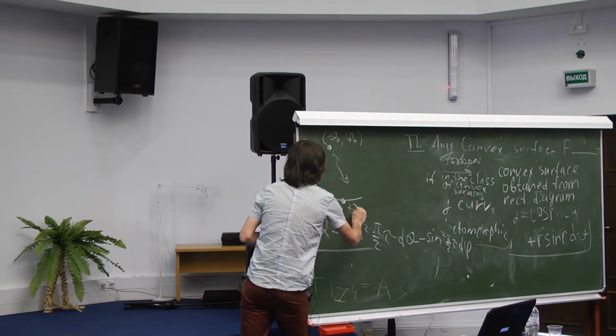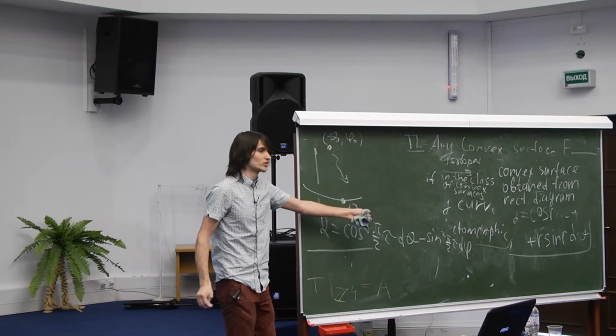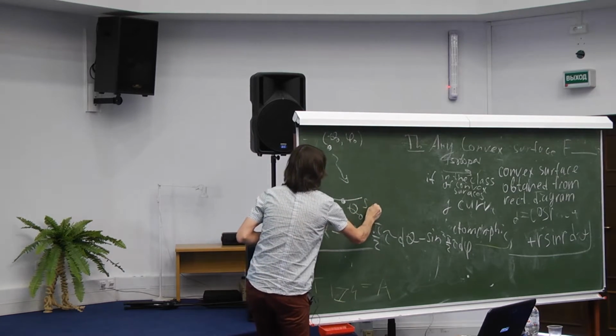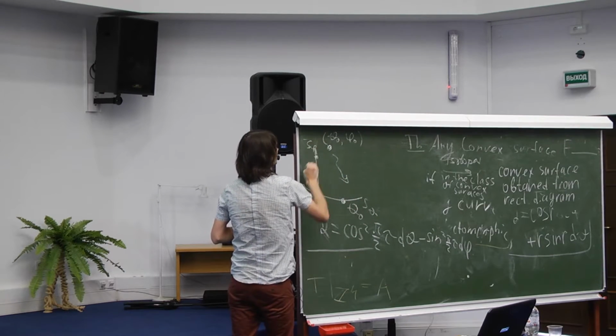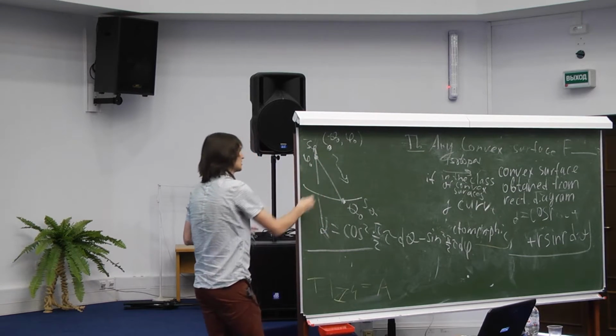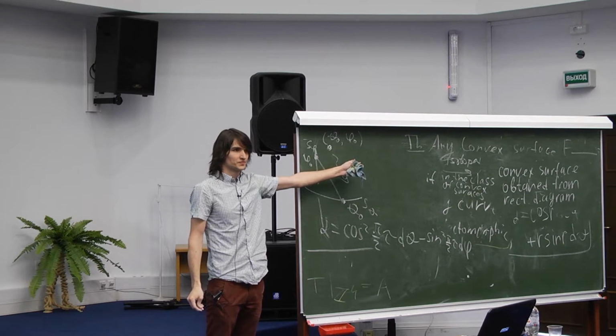Take a point on one circle of the joint theta 0, another point on the other circle.